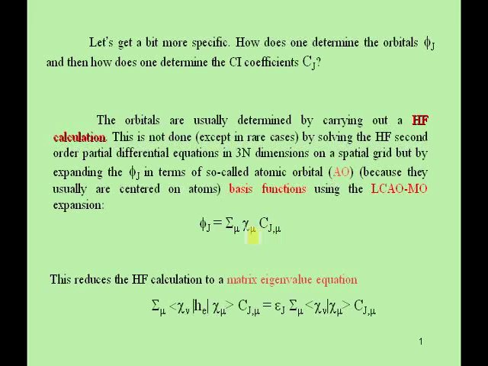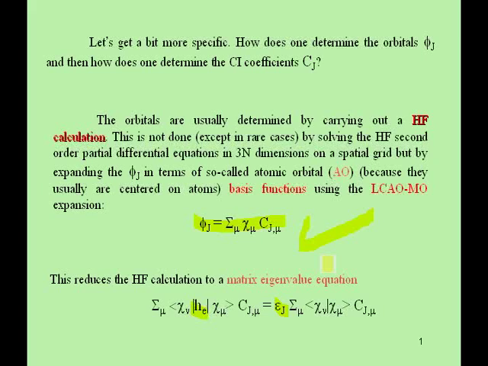By taking this phi j expansion in LCAO and plugging it in, where you can think of H^E as the electronic Hartree-Fock Hamiltonian, so H^E times phi j equals epsilon j phi j, I get the bottom equation by putting this expression for phi j into H phi j equals epsilon j phi j.